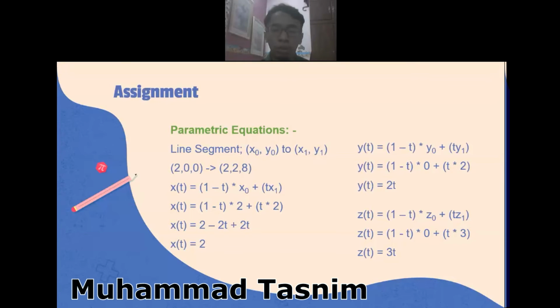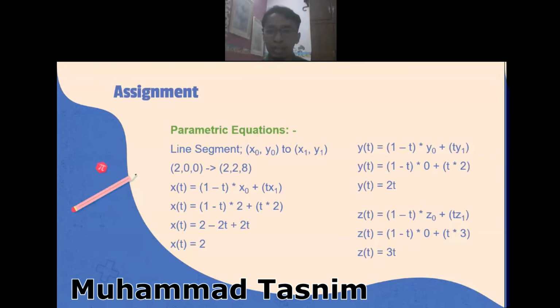Now we want to do parametric equations for line segments from (2, 0, 0) to (2, 2, 3). For x(t), we substitute 2 into x0 and 2 into x1, and the answer for x(t) is 2. Then for y(t), we substitute 0 into y0 and 2 into y1, and the answer for y(t) is 2t.